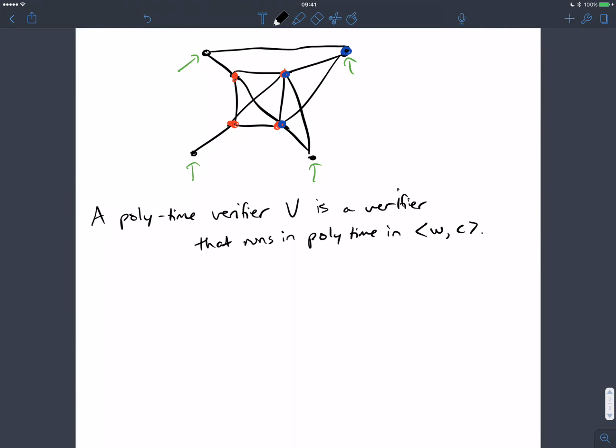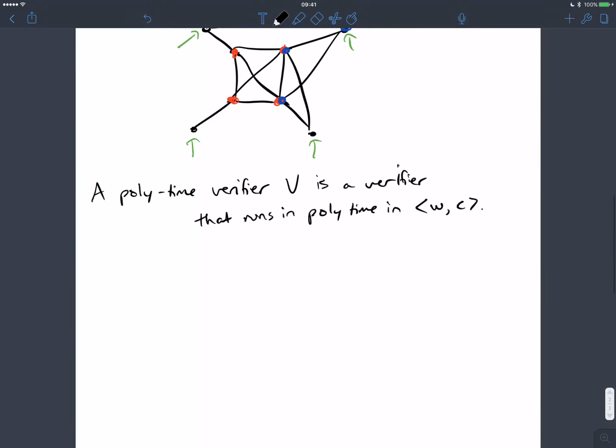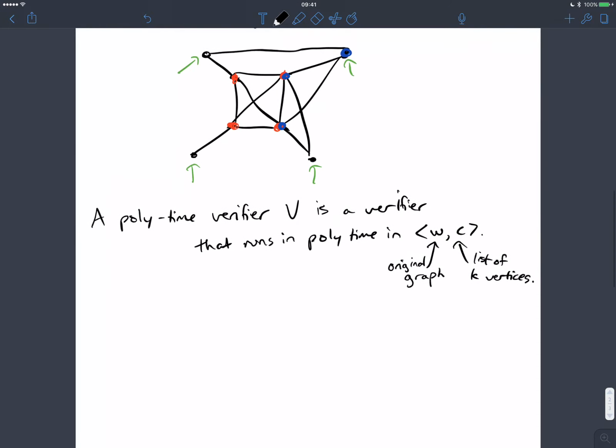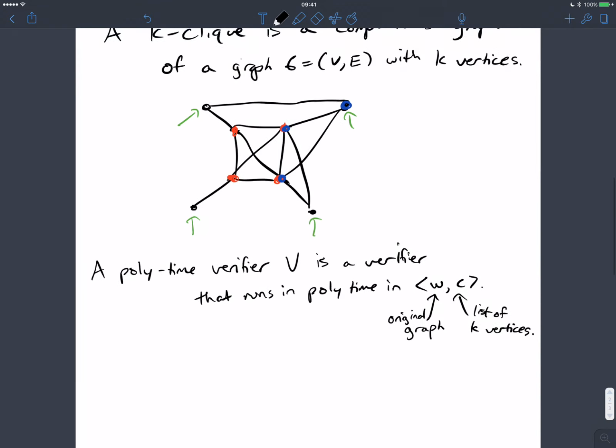So a verifier for the clique problem above: this W is the original graph, and this C is the list of k vertices. So the certificate can be of any form as long as it proves it. Yeah, if there's some algorithm that can take it and verify it correctly. Yes, so you have to have an agreement on the algorithm.